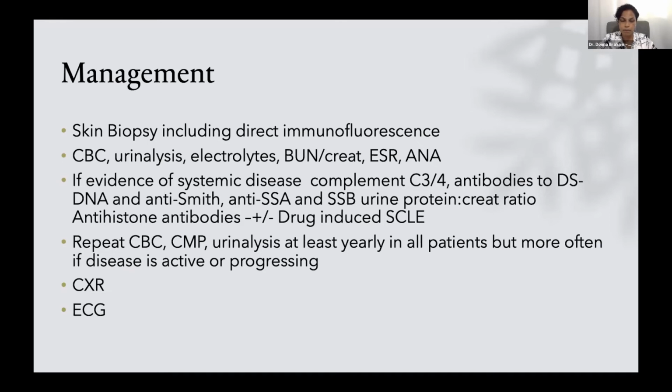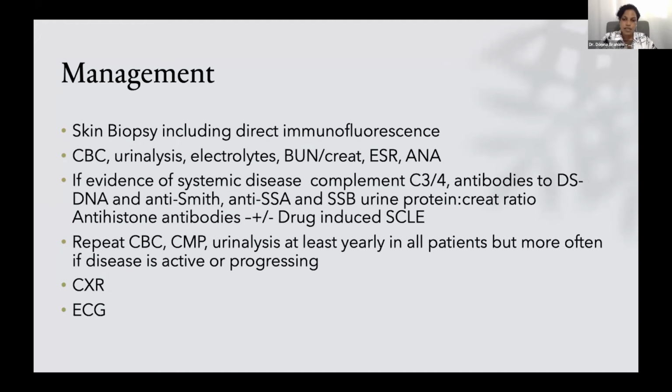Those are especially present in systemic lupus erythematosus, as well as anti-SSA and anti-SSB, and the urine protein to creatinine ratio. And when we are considering a drug-induced subacute cutaneous lupus, antihistone antibodies may be helpful, as they may be positive, but not always.